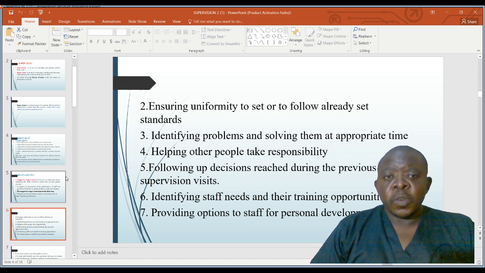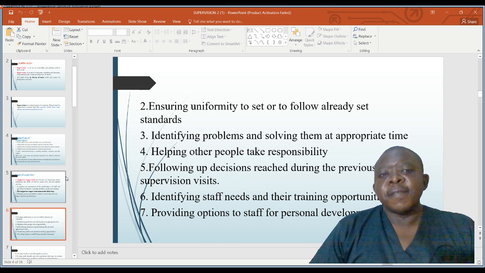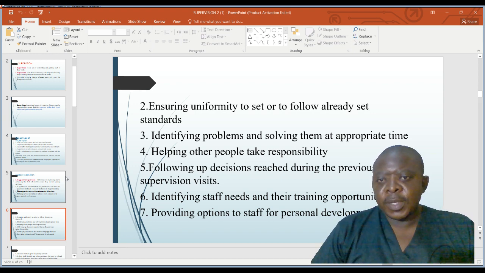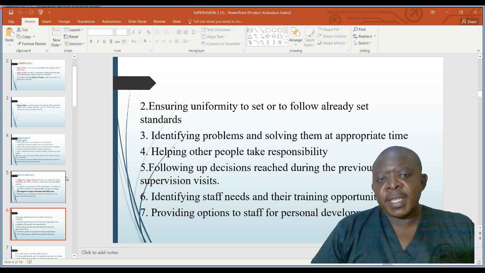Supportive supervision also helps in identifying problems and solving them at an appropriate time. It also helps other people to take responsibility. It also helps in following up decisions reached during the previous supervision visits.